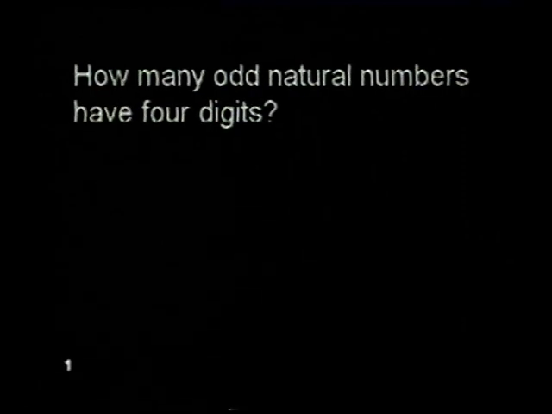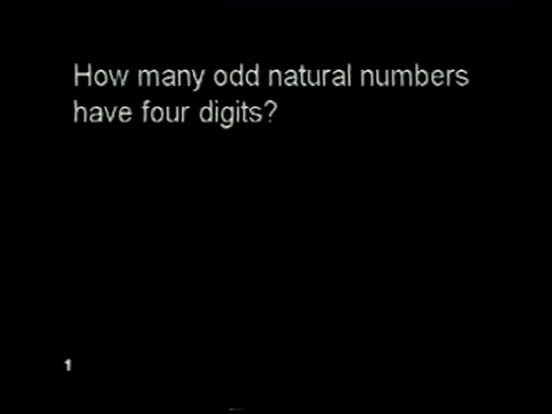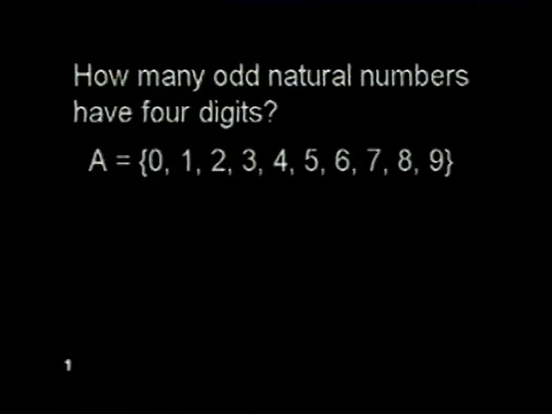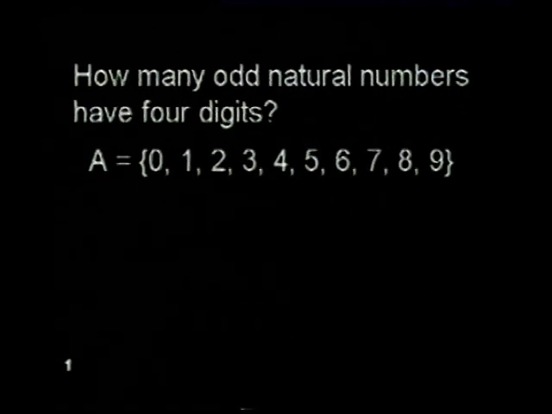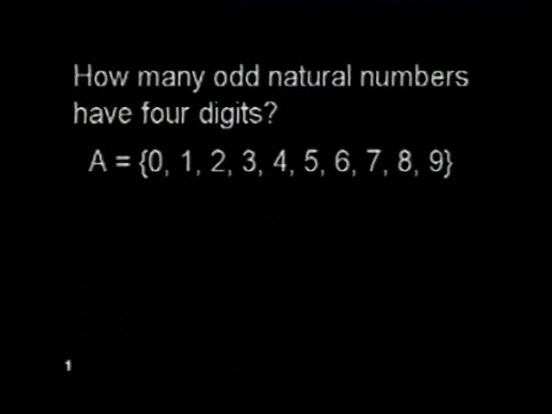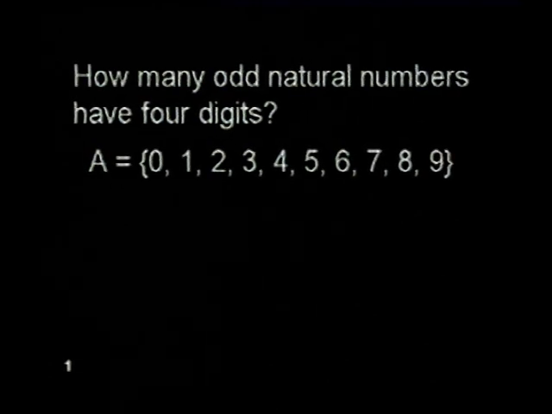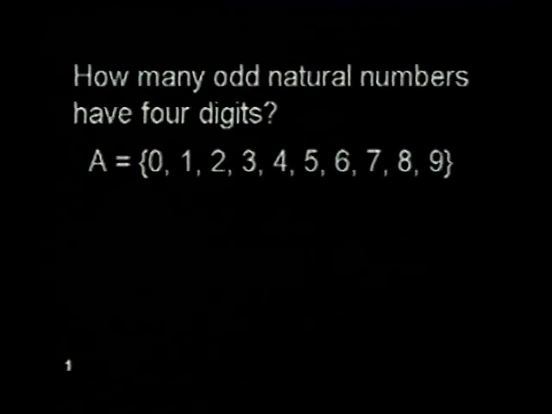Permutations can also be used to find the number of possible arrangements of numbers and letters other than in ordered pairs. Suppose we needed to know how many odd natural numbers have 4 digits. First, we must consider the sets needed. Set A consists of the 10 elements we use in our number system: 0, 1, 2, 3, 4, 5, 6, 7, 8, and 9.